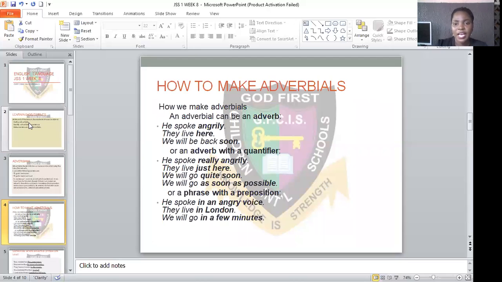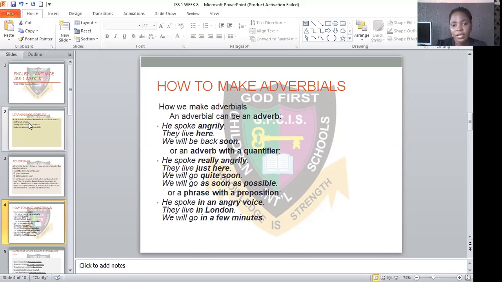So how do we make adverbials? The first is that an adverbial can be an adverb. For example, he spoke angrily. In this sentence, angrily is an adverb. They live here. Here is an adverb. We will be back soon.